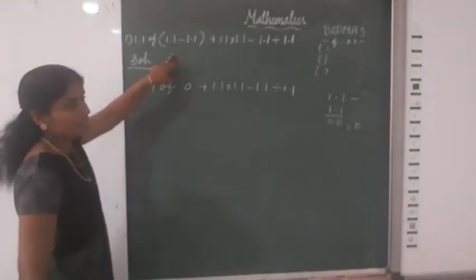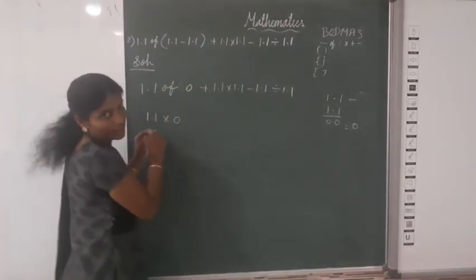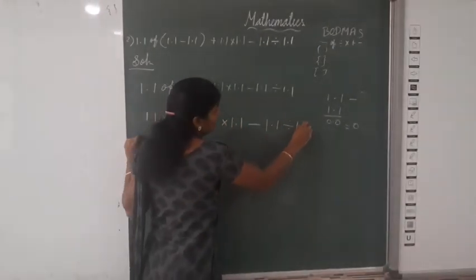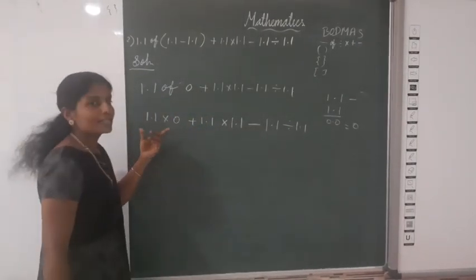Now here 0, isn't it? Of means multiplication. 1.1 into 0. Any number multiplied by 0, the answer is always 0.